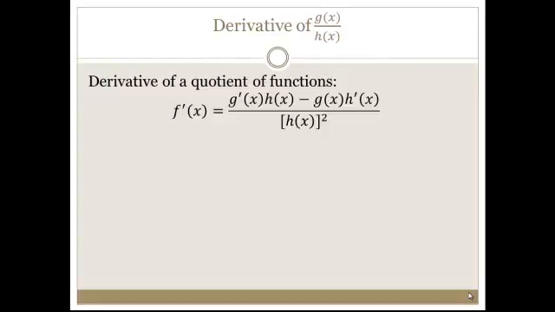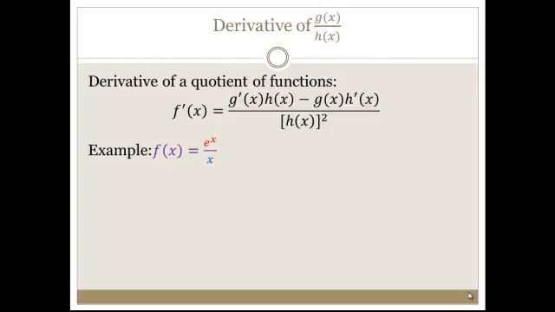So we have that the derivative of a function g of x divided by h of x is g prime of x times h of x minus g of x times h prime of x all divided by h of x squared. We will refer to this as the quotient rule, and we can use it to compute the derivative of e to the x over x.